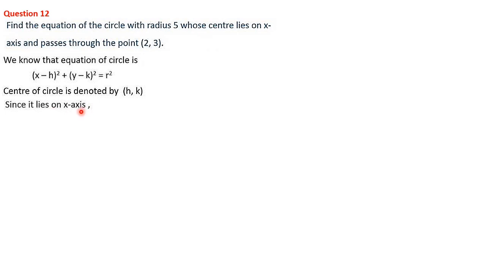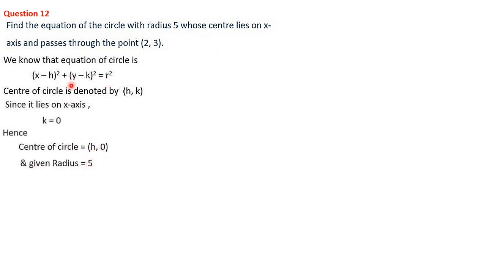As we know, a point on the x-axis means only the x value will be there, the y value will be 0. That means k is 0. So the center is h, 0. So now we need to find only the value of h because k is 0 and r is also with us. Given radius is 5.